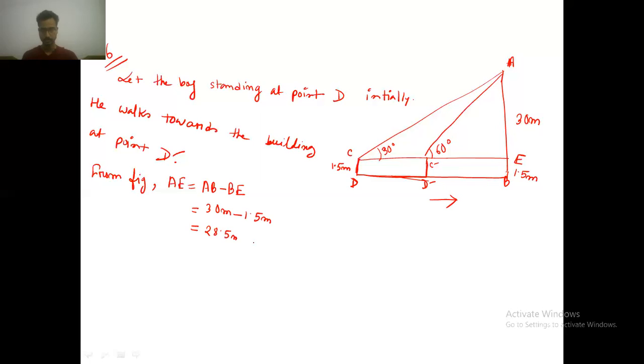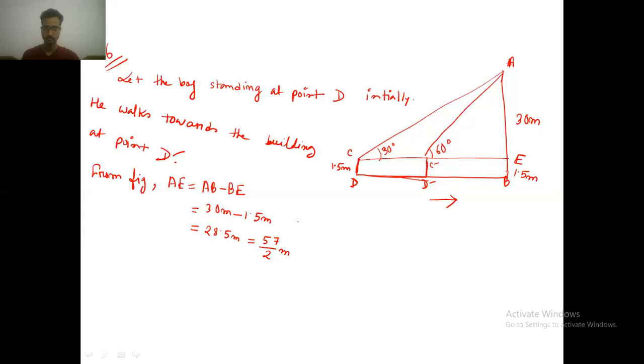Now see 28.5, we can write 57 by 2. Why am I writing this? For the calculation purpose. That means when you divide 57 by 2, it will be 28.5. Yes or no? Now first you can take the bigger one, triangle ACE.